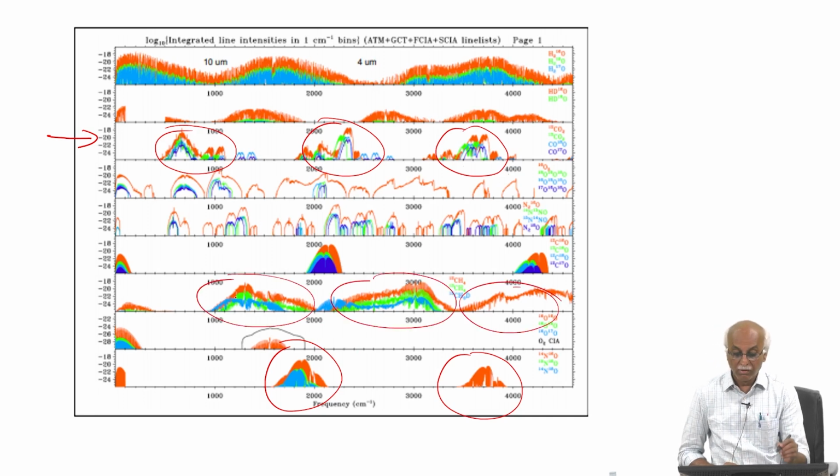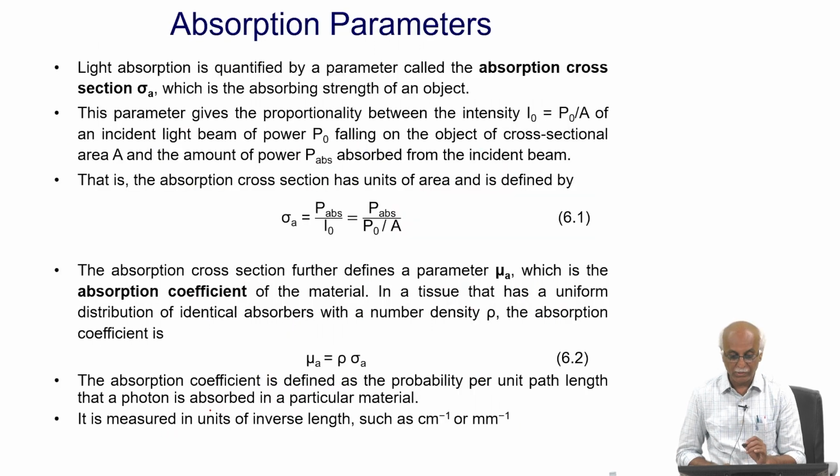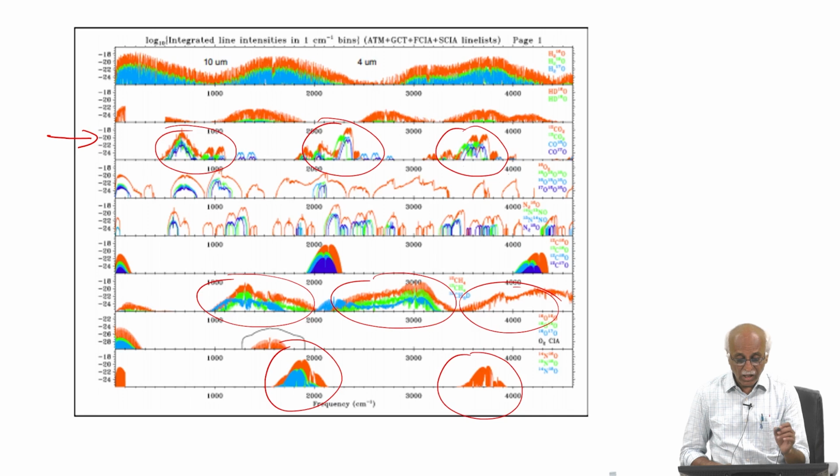We can make use of such absorption bands to derive quantitative information, and that is based on absorption spectroscopy. How absorption spectroscopy works, we talked about initially, but once again.